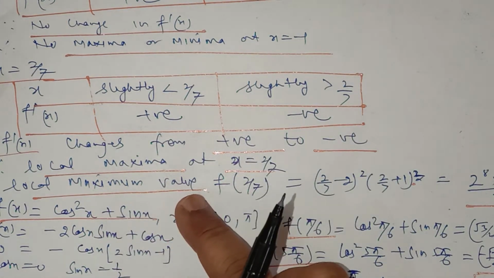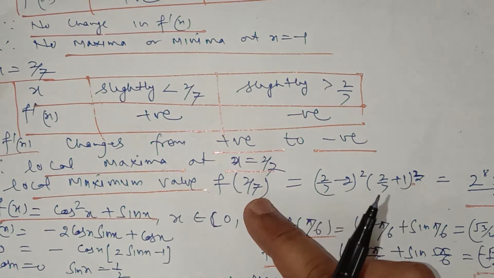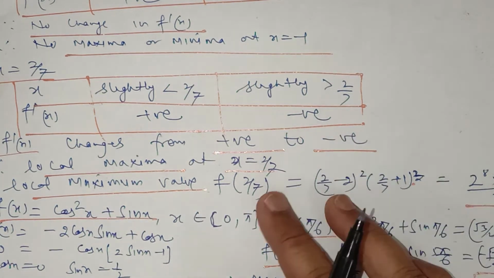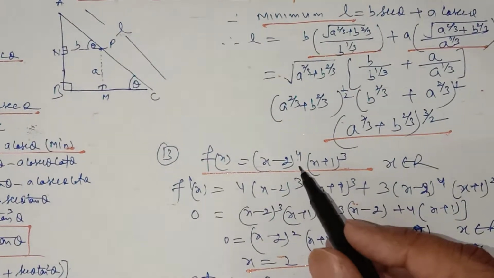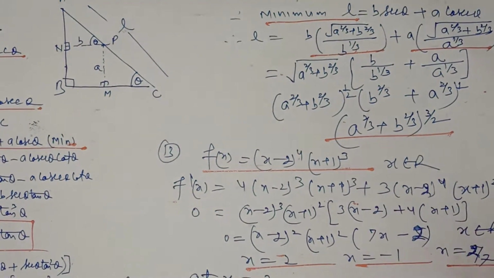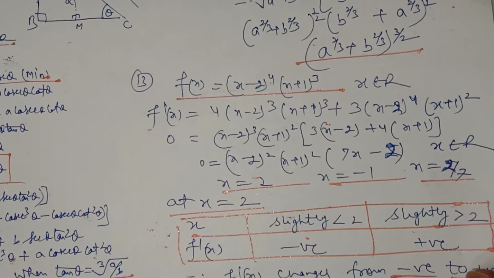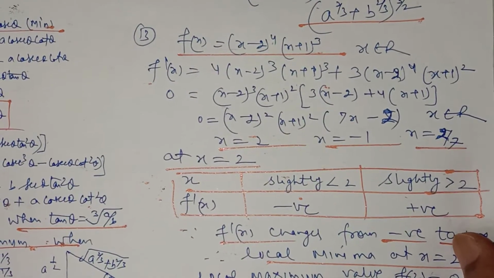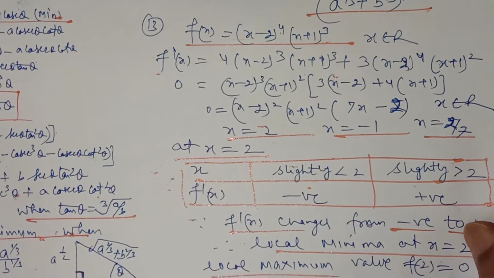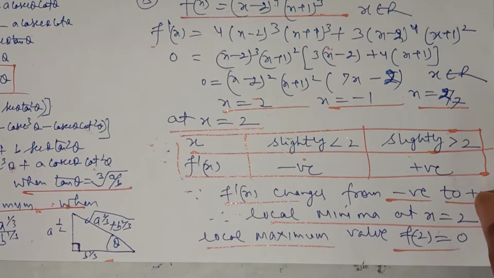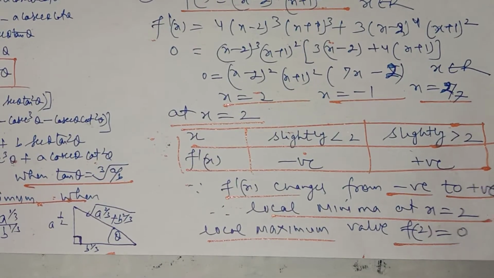The local maximum value will be obtained by putting x equal to 2/7 in the original function, (x − 2)^4 (x + 1)^3. So in this question we have done how to find the maxima and minima by using the first derivative test.